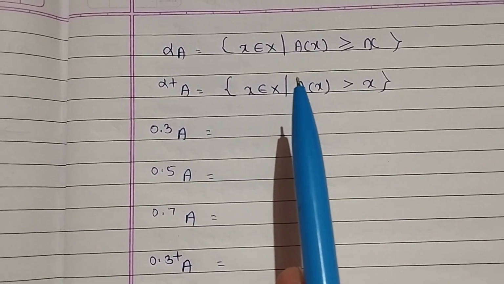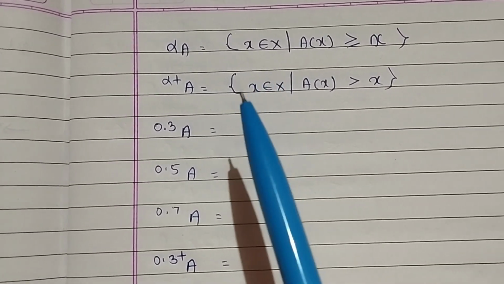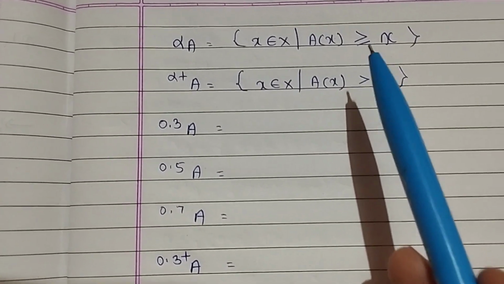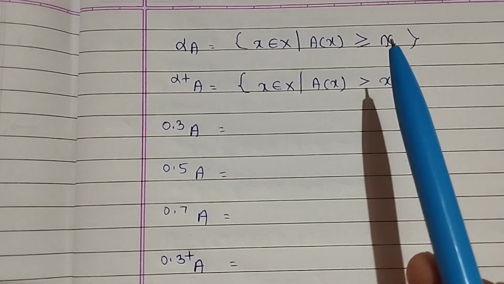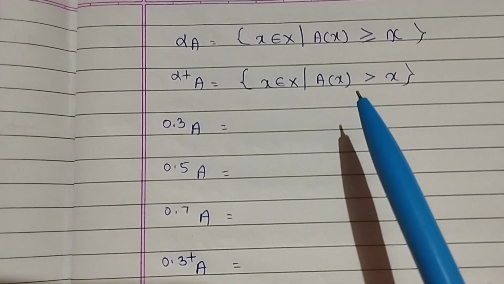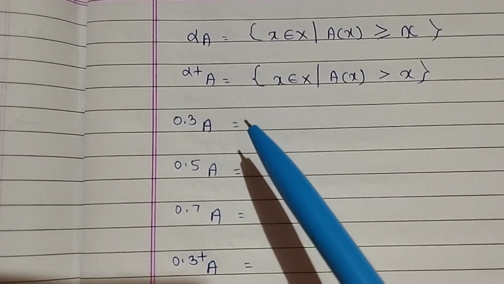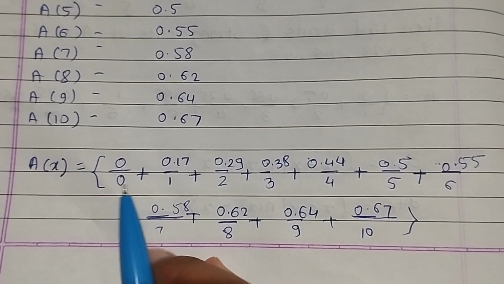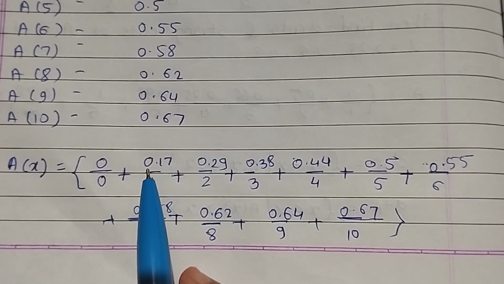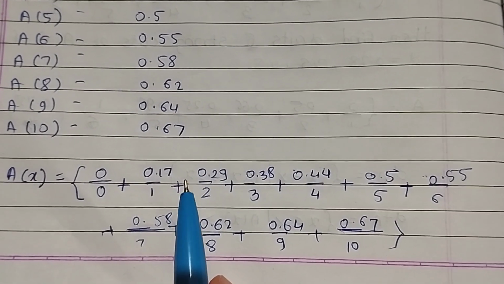Now we know the fuzzy set. In the next step we find the alpha cuts and the strong alpha cuts. As we know, the definition of alpha cut is the set of x where A of x is greater than or equal to alpha, and the strong alpha cut is only greater than alpha. First alpha is 0.3. In this set, the values greater than 0.3 we write as the alpha cut of 0.3.